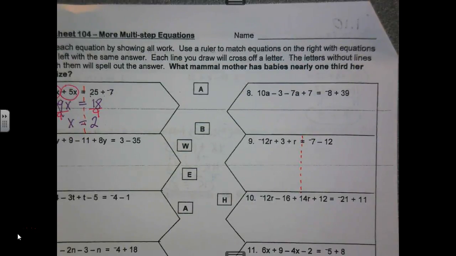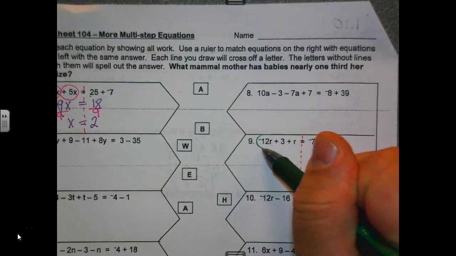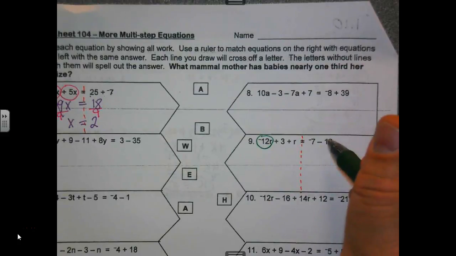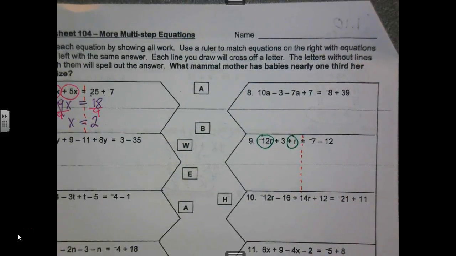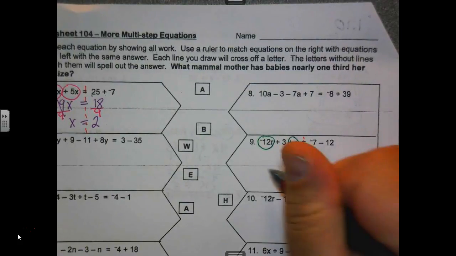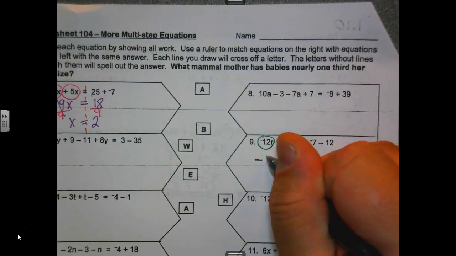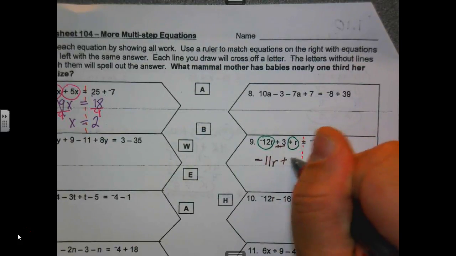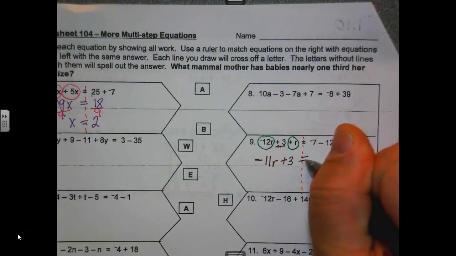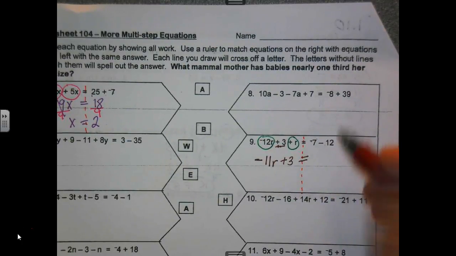Okay, combine like terms. See, I have a negative 12r and a plus 1r. Gives me a negative 11r. Here's my plus 3. Negative 7 minus 12.